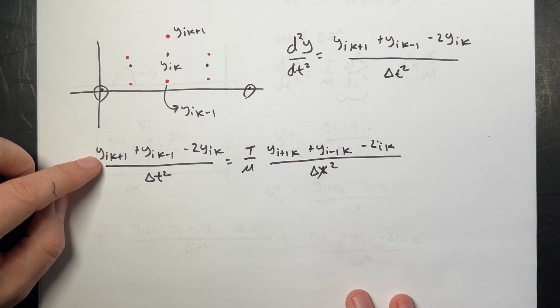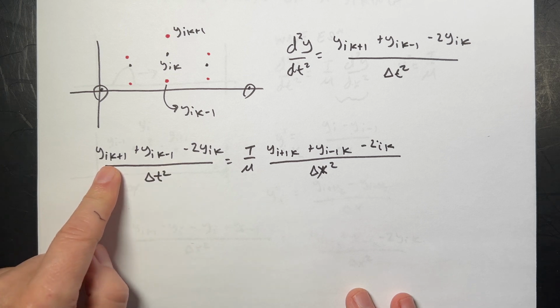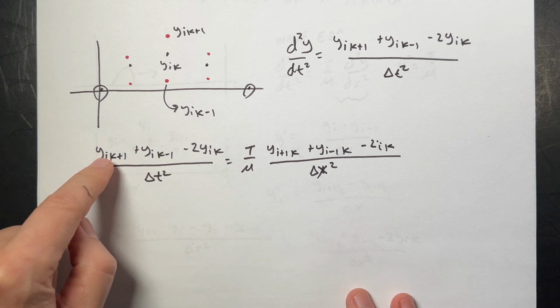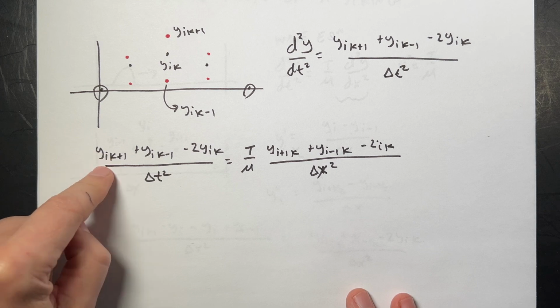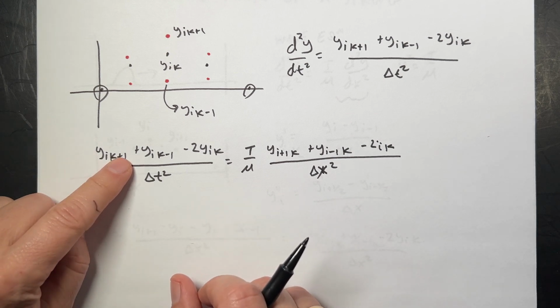And what I want to do is to find out where it's going to be in the next time. So where is it going to be in the next time? If I look over here, that is this: y_i^(k+1). That's the future position of the element i. So I want to solve this whole thing for y_i^(k+1).